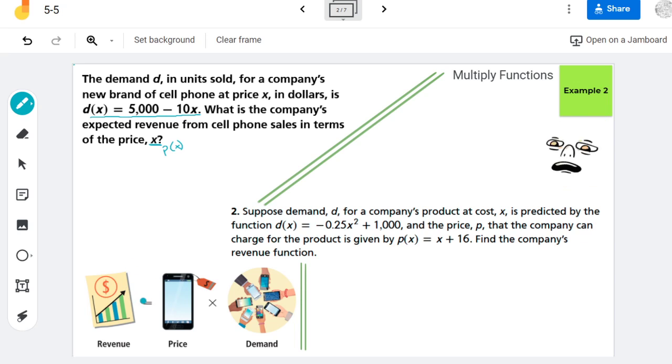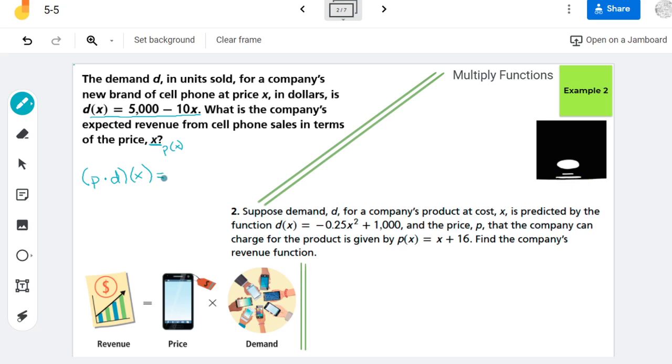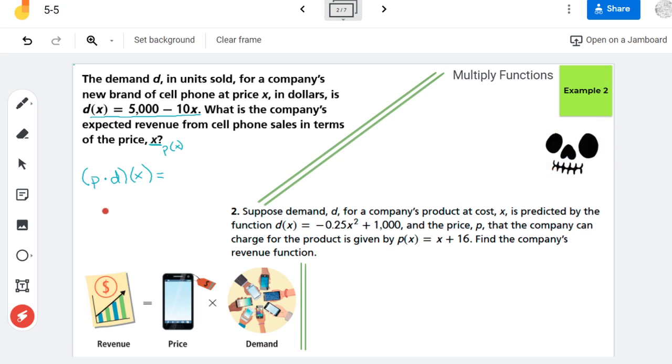So what we're going to do is find P times D of x. And that's the notation that you may not be familiar with. All that this is saying is to take the price function and multiply it times the demand function.